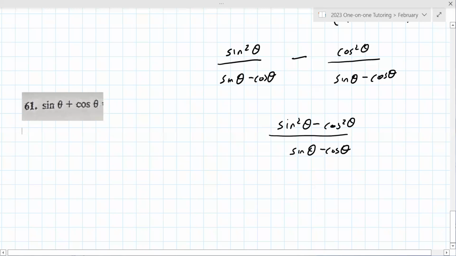So it becomes, hang on. Sine squared theta minus cosine squared theta.